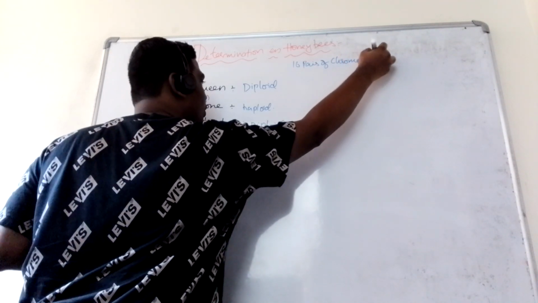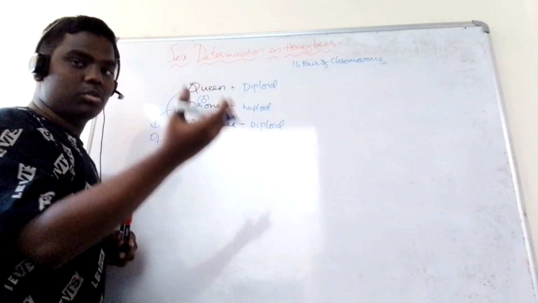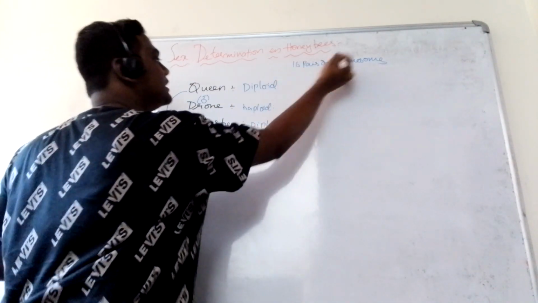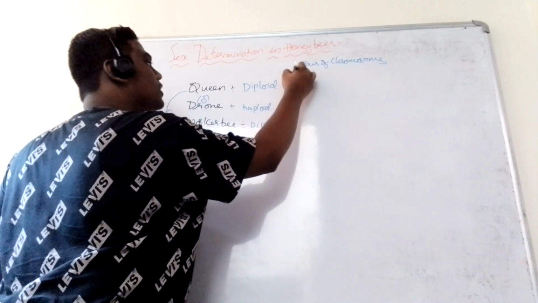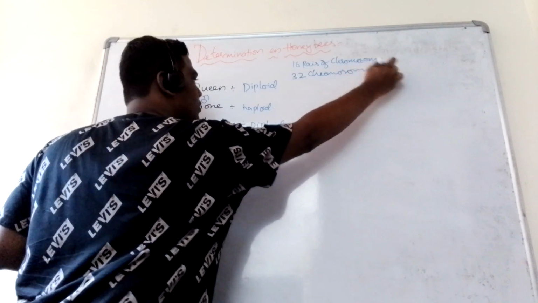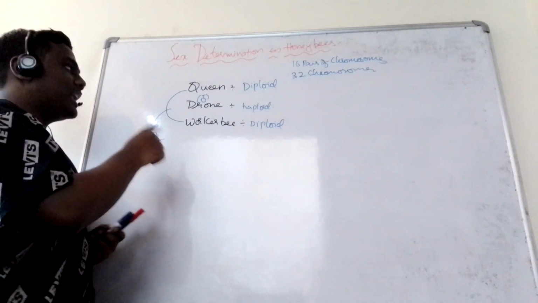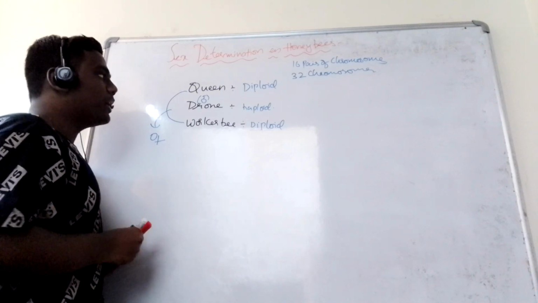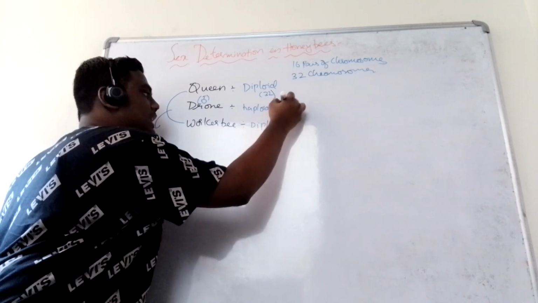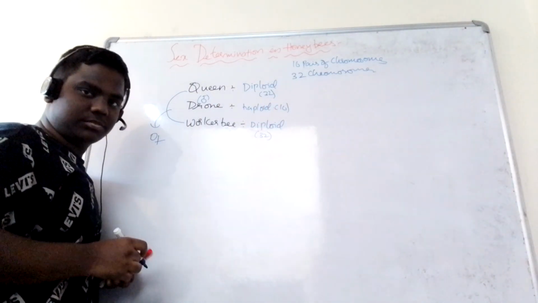Humans have 23 pairs, 46 chromosomes, while honeybees have 16 pairs or 32 chromosomes. So the queen is diploid with 32 chromosomes, the drone has 16, and the worker bee has 32, correct?